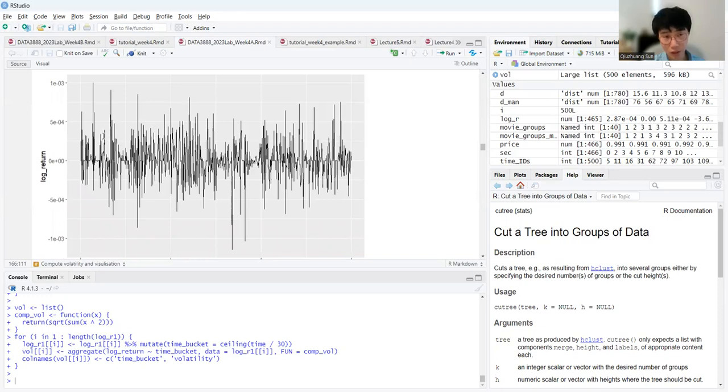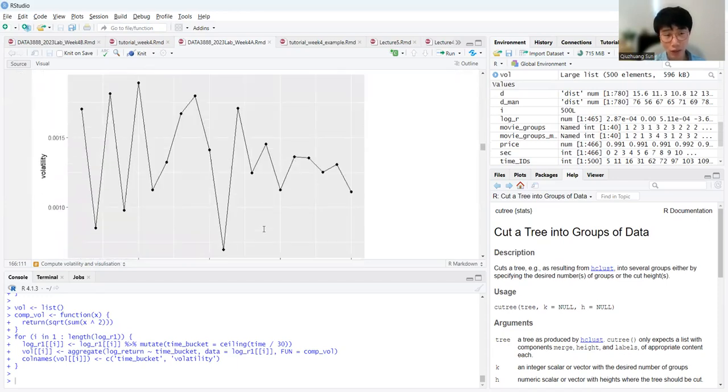The price or the log returns of this stock just goes up and down across zero. So the mean for the log returns within such a short interval, a 10-minute interval, is just zero. And for the realized volatility, remember we have a 10-minute time bucket, and we divided this 10-minute time bucket by 30 seconds.